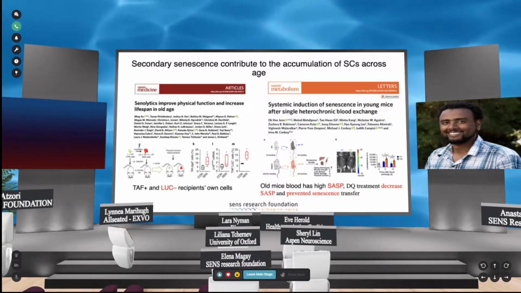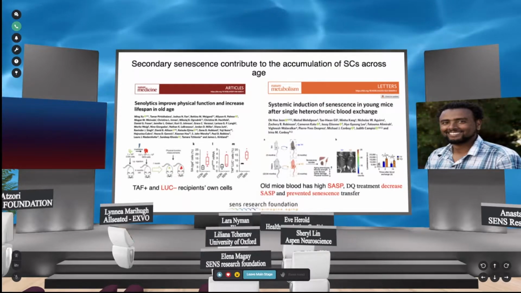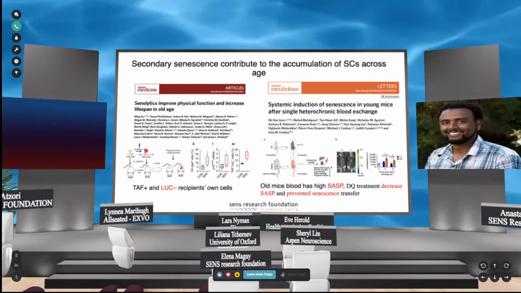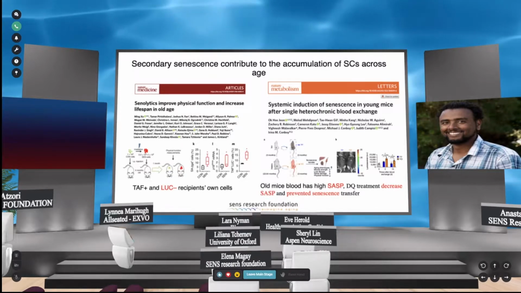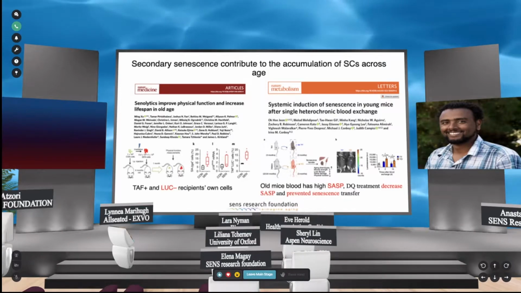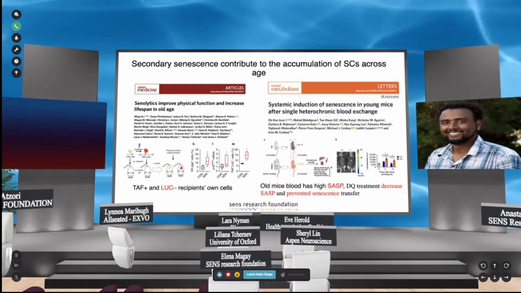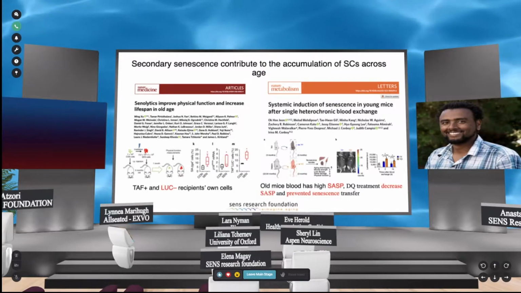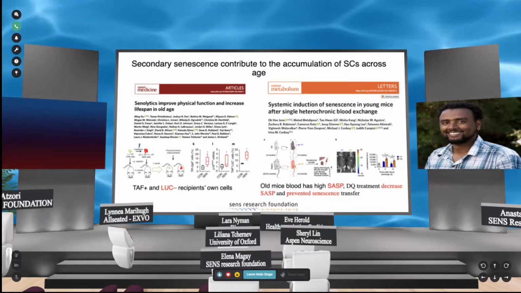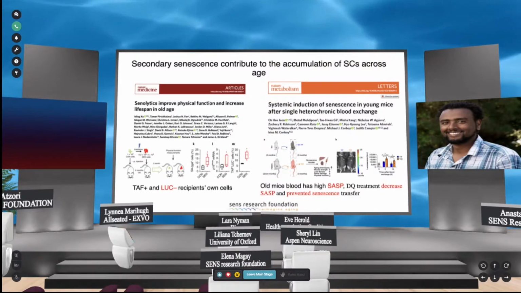Even though they didn't claim that this is secondary senescence, they found that when they inhibited SASP factor production in the old mice, the old mouse blood was not able to propagate senescence to the young mice, which indicates that SASP factors in the old blood might be responsible for this senescence propagation.